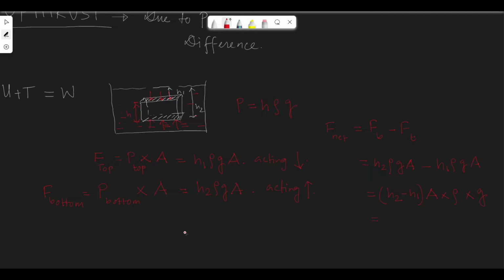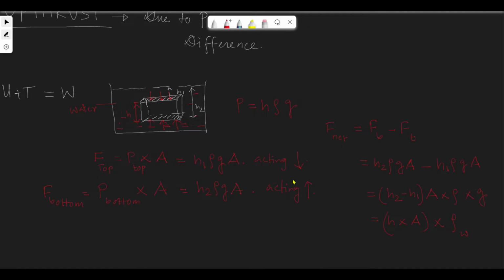So this h, which is the height of the object, is multiplied with its area of cross section. And this rho is nothing but the density of the liquid where the object is immersed. Here it is the density of water, because I consider this to be water.